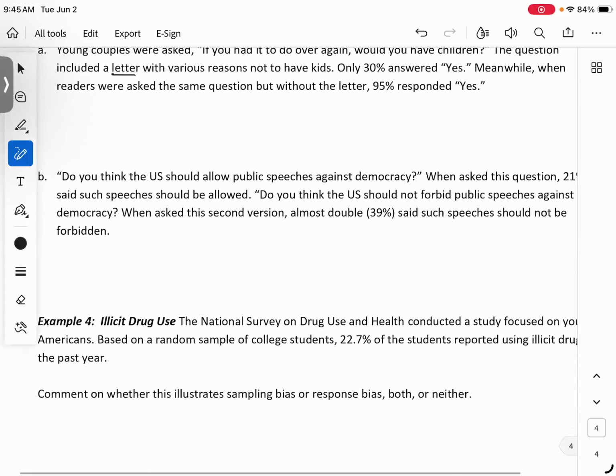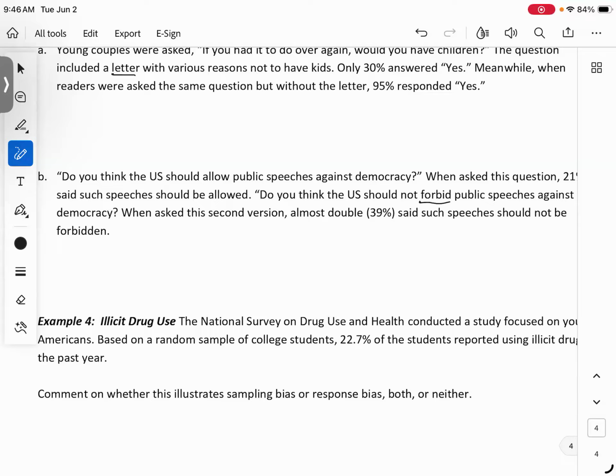And then for B, hopefully you've started to write some things, but the main thing from here is the words. To say allow versus forbid, a word like forbid might sound very aggressive, intimidating, or threatening.